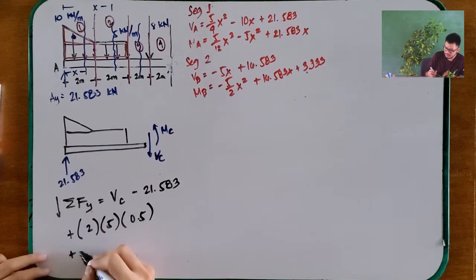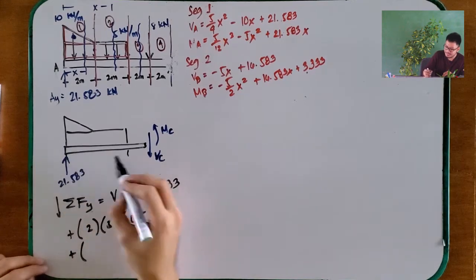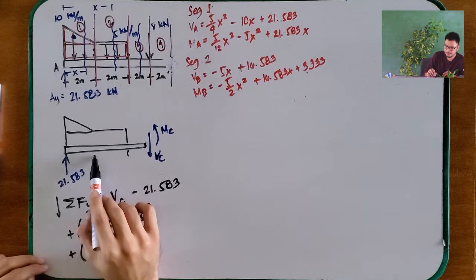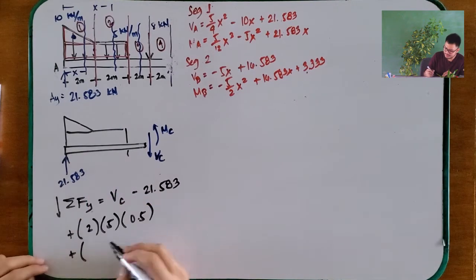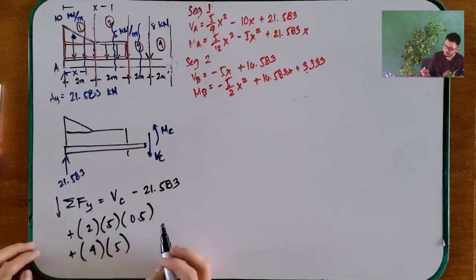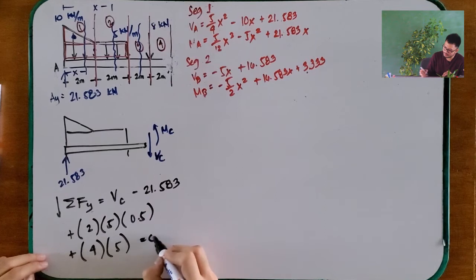For the rectangle, base is no longer x. So what is the base now? That is 4. Height of 5. We don't multiply by 0.5 because this is a rectangle. Okay? And equals to 0.